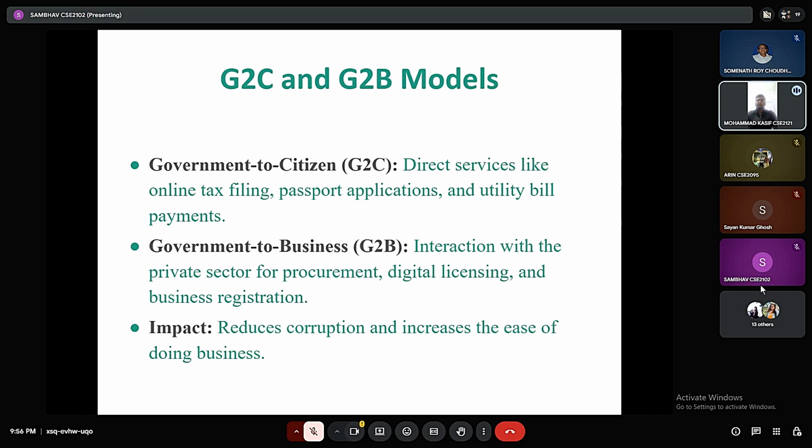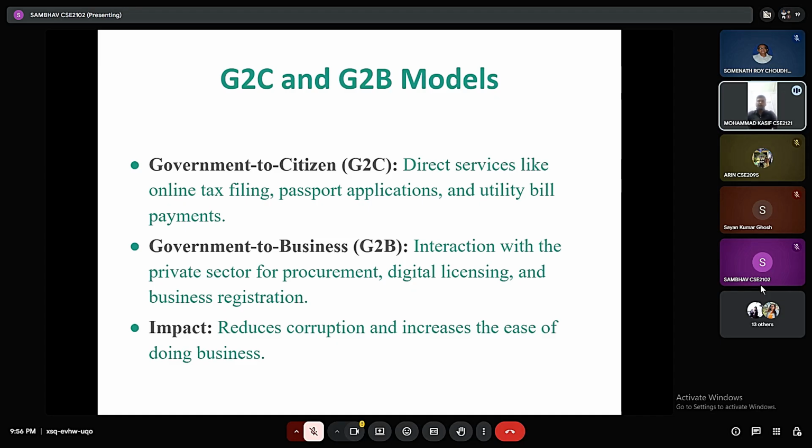Some examples include online tax filing and refunds, Aadhaar services, voter ID, passports, utility bill payments, welfare schemes and certificates. The goal of this model is to improve the citizen experience, reduce paperwork and increase transparency.